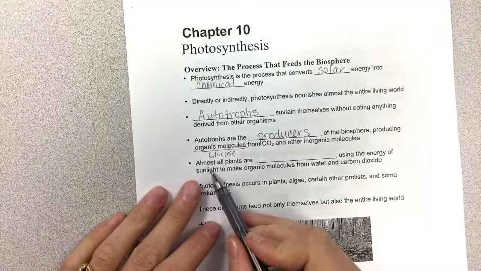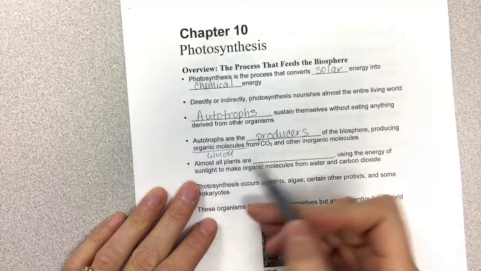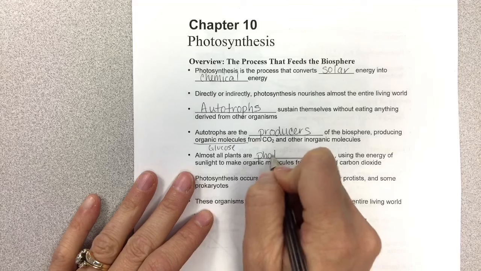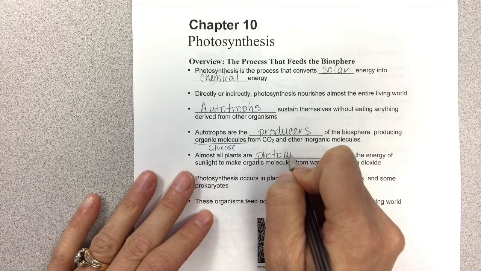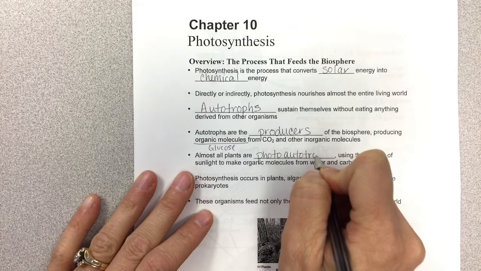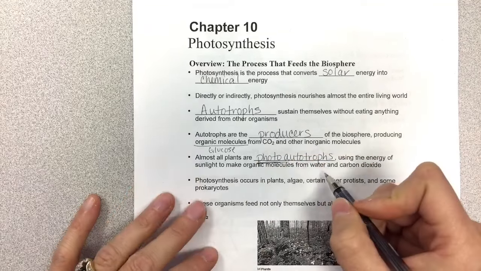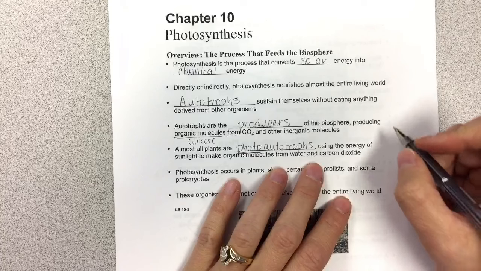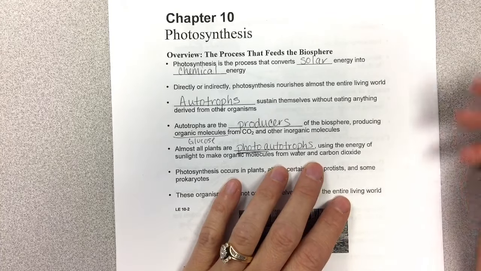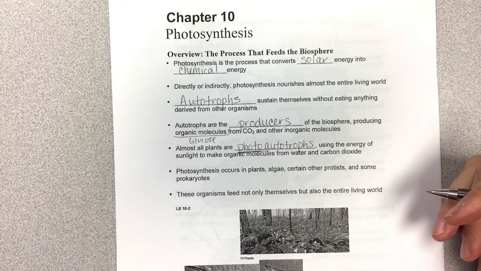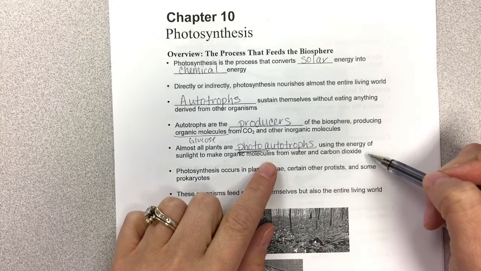All right, so almost all plants are what we call photoautotrophs, meaning that they make their own food. Photo means light, from the energy in sunlight. Some organisms, like on the bottom of the ocean, where there's no light, their producers can't do photosynthesis.